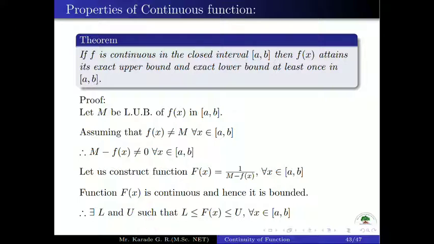Therefore, there exist two numbers L and U, that is, a lower bound and an upper bound for the function F(x). Therefore F(x) is greater than or equal to L and less than or equal to U for all x in [a, b]. That is, 1/(M - f(x)) is between L and U for all x in [a, b].